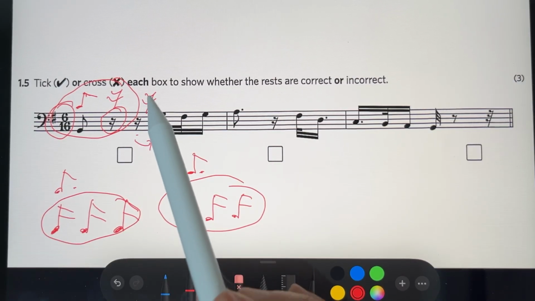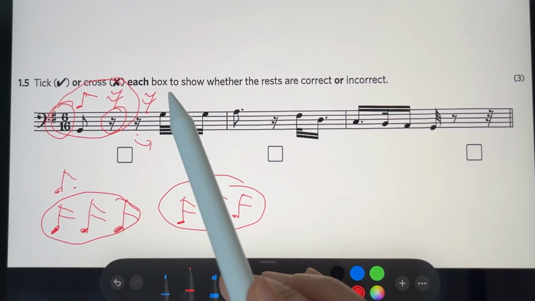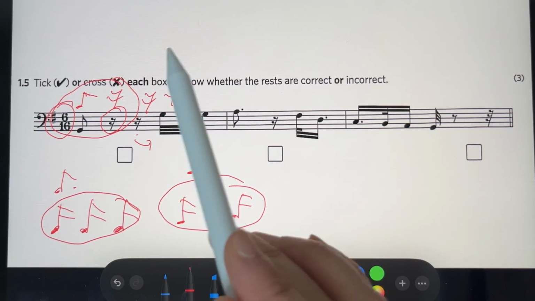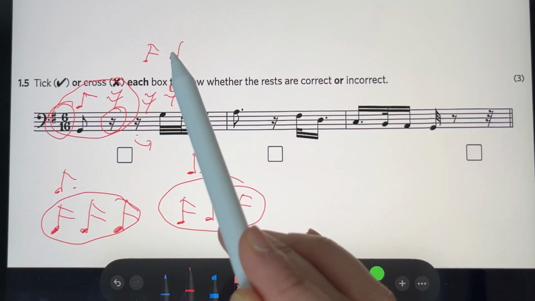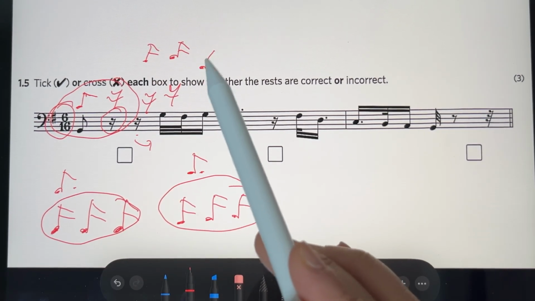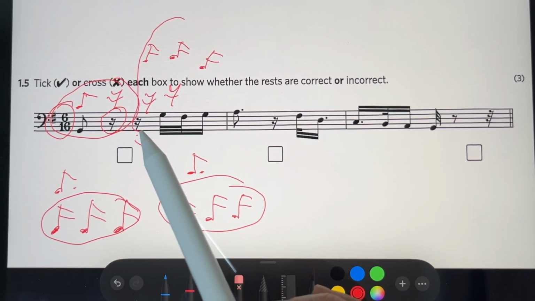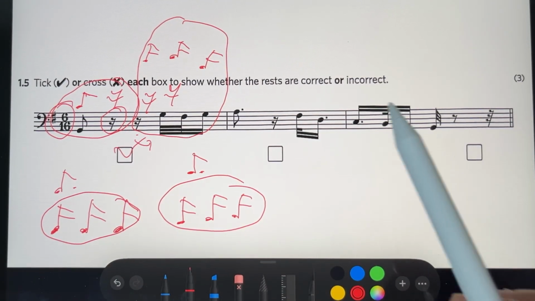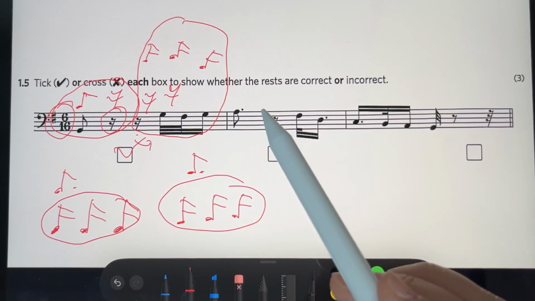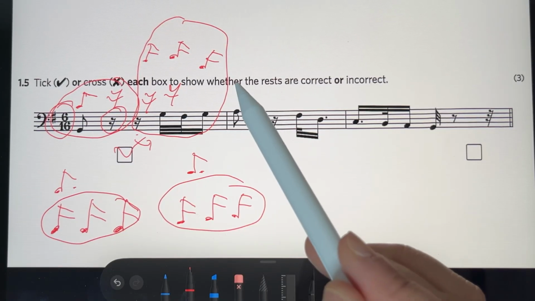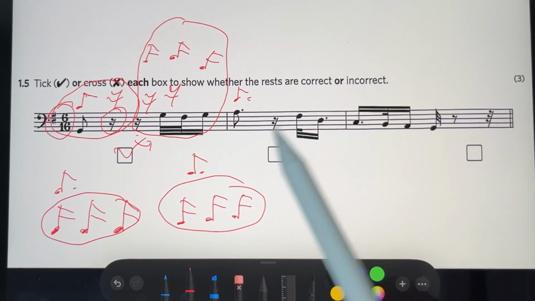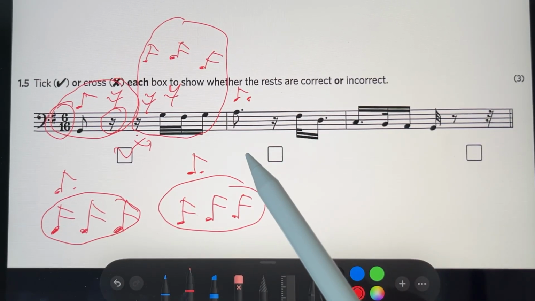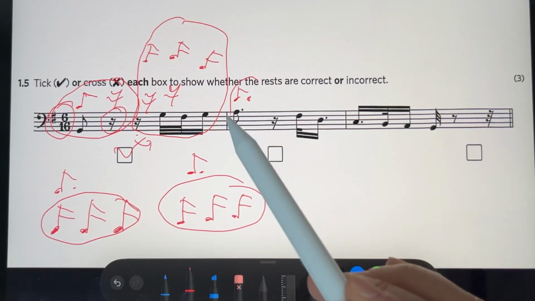So I have 1 semiquaver and then 1 semiquaver, or you can do like this: 1 semiquaver, 2 semiquavers, 3 semiquavers in this group. They do not join, so this is accurate. Next one, I have over here 1 dotted quaver, which is accurate.